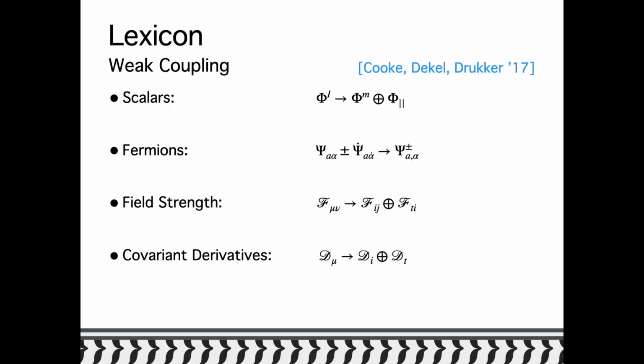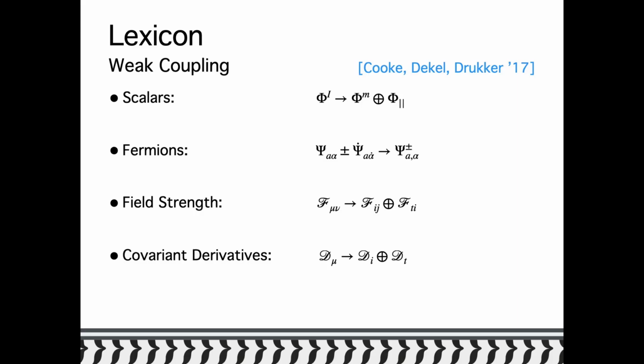Okay, so let's actually see what happens to the fields of N=4 super Yang-Mills when we introduce these defects. Already, let's see what happens for scalars. As I already mentioned, the scalars in the theory transform as vectors under the SO(6) R symmetry.